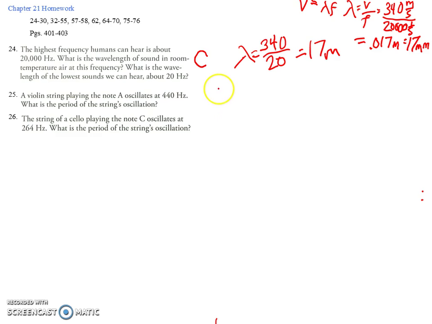So if I take 440 hertz, which is cycles per second, again the cycles don't count, the same as it over 1.